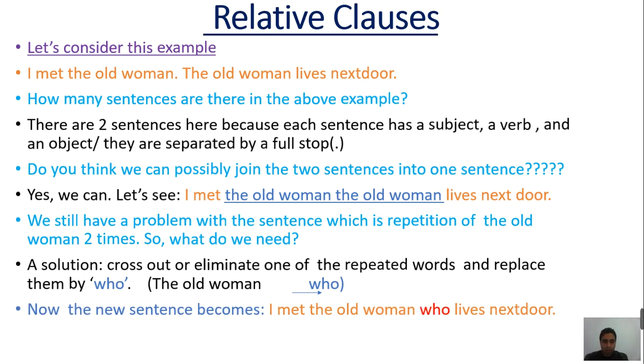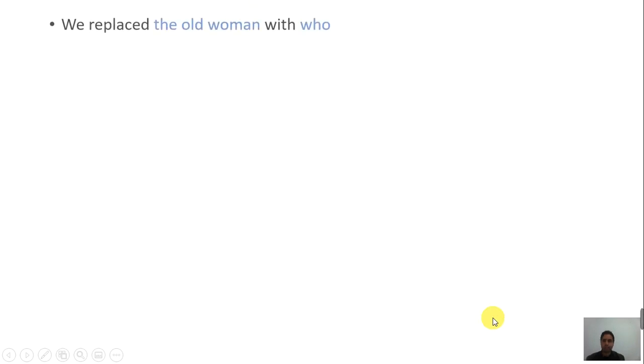I met the old woman who lives next door. So as you can see here, we have substituted the old woman by who, and the sentence becomes I met the old woman who lives next door. Great, now let's proceed.